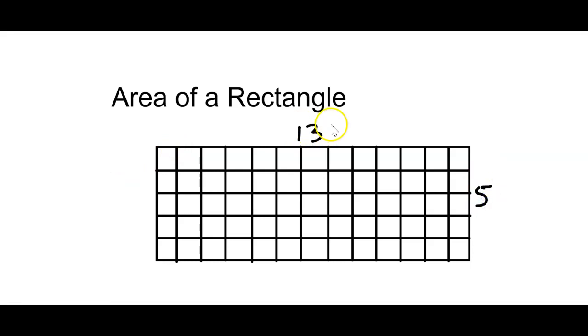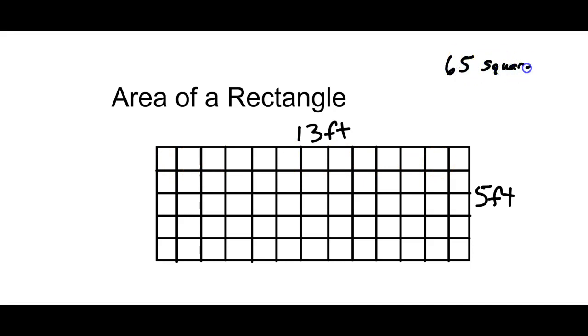Let's say we measure this out to be feet. So it's 13 feet by 5 feet. If you're dealing with a room that's 13 feet by 5 feet, and you want to put squares in it that are 1 foot by 1 foot, the question is, how many squares will fit in it? If you were to count all these up, you would get 65 squares.